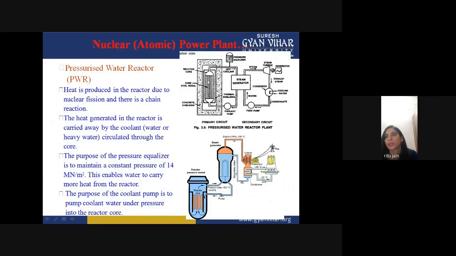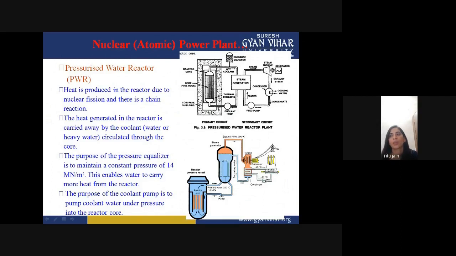The heat energy which is produced after this nuclear reaction is transferred over here, which generates the steam. This steam is supplied to the steam turbine, which converts it into mechanical energy. So the turbine starts rotating, and this turbine is directly connected to the generator.